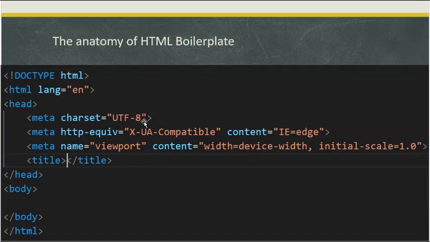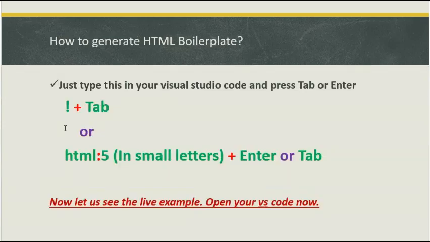We see the meta tags that describe the information, the content of the document. Then the title tag, which is displayed in the browser's title bar. Then we have the body, where we write the entire content of our page. Then we close the HTML. That's the entire boilerplate for us.